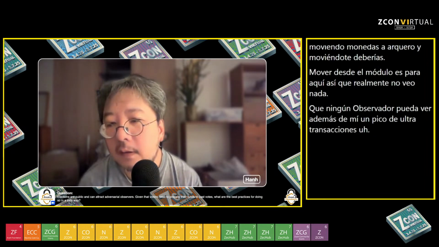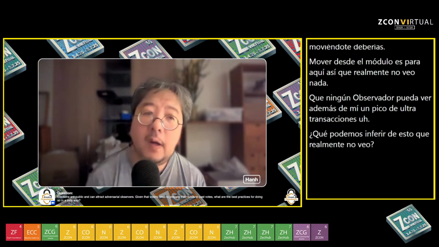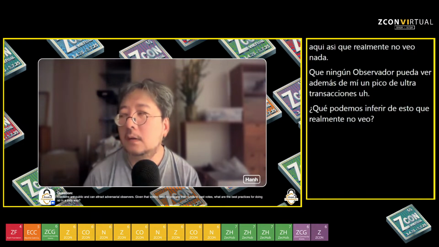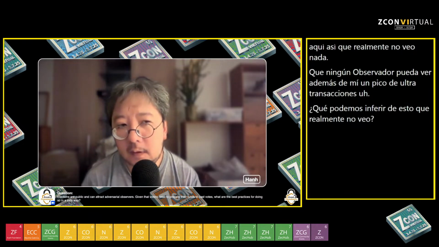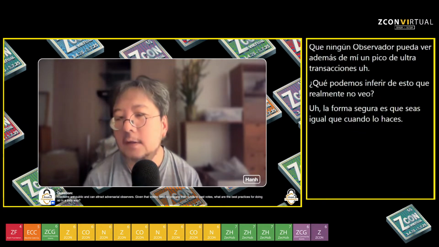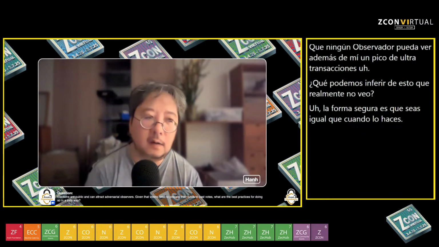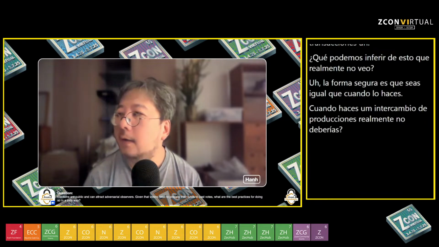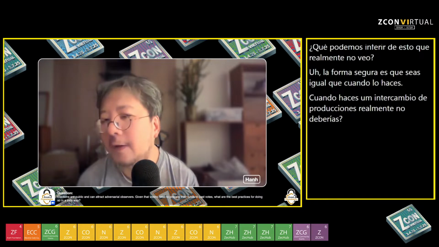I don't really see. The safe way is the same as when you do exchange to exchange transactions. You shouldn't unshield something just for voting, and then vote with that exact amount.